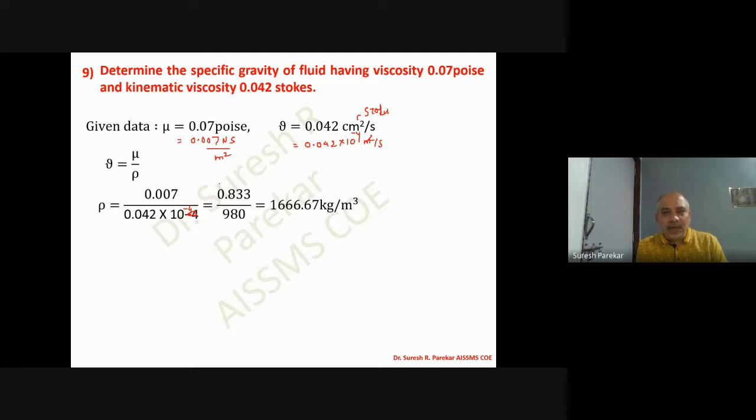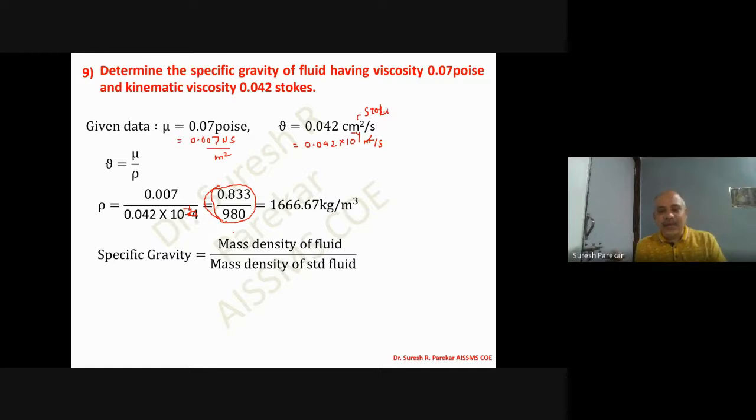And that value we get as 1666.67 kg per meter cube. And specific gravity from this we are going to get. Now rho of the substance we know, and we substitute the value of rho of the substance, and from this we get specific gravity as 1.667.